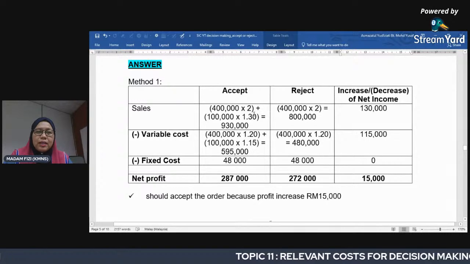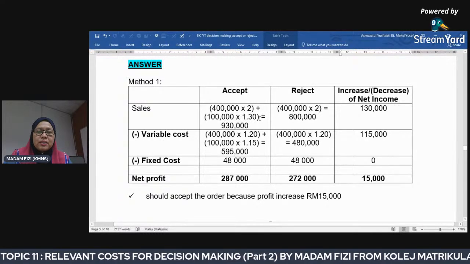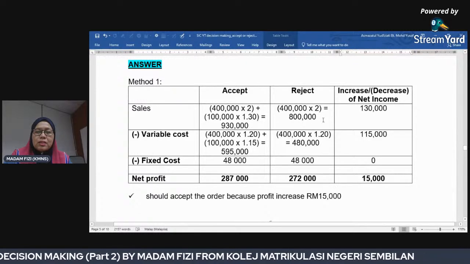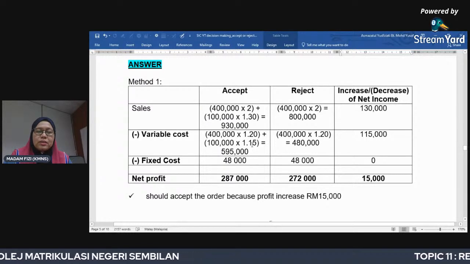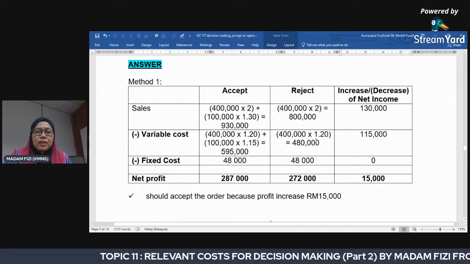But if we accept, okay, so that means you have to add 100,000 times RM1.30, equals to 930,000. So the difference is 130,000. Okay, for the variable cost just now, if we reject, the variable cost per unit is RM1.20.